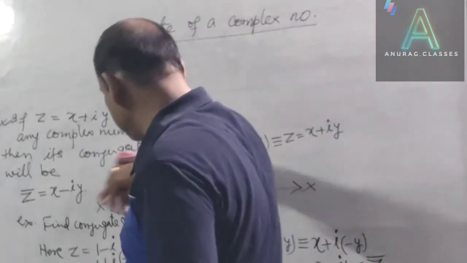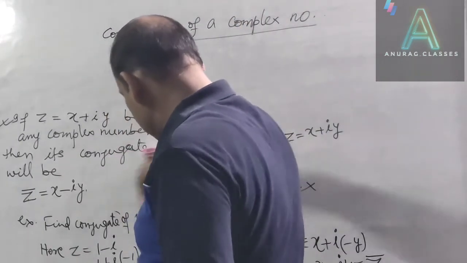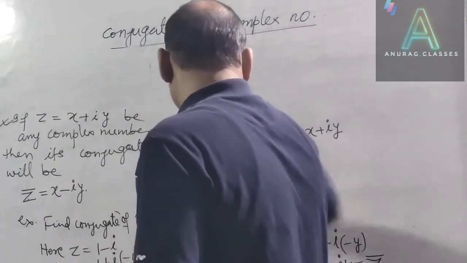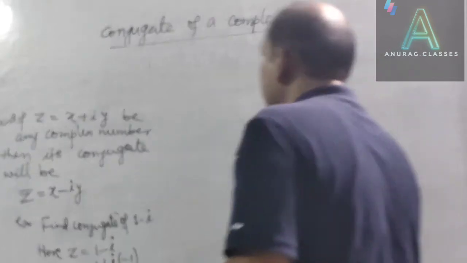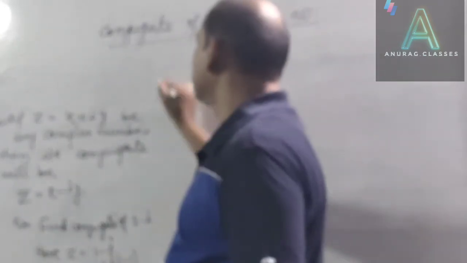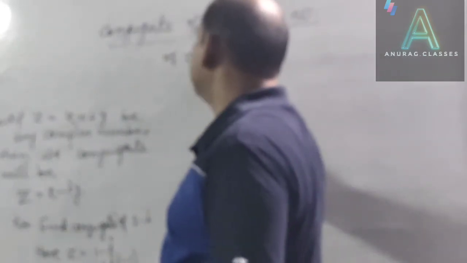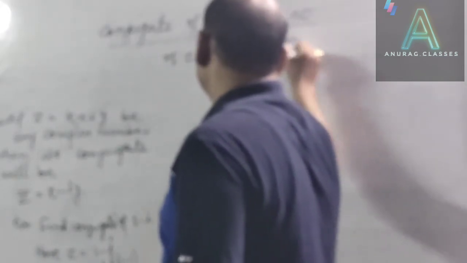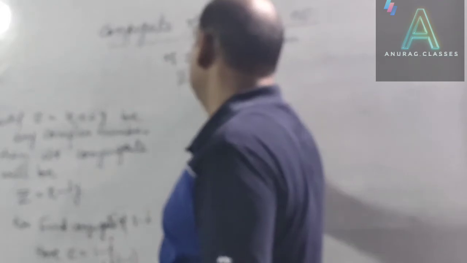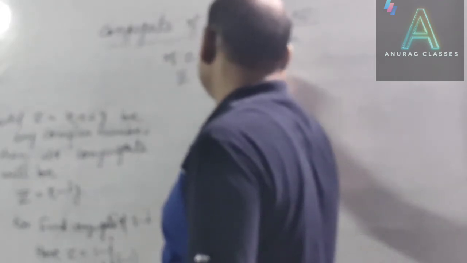Now we will discuss some properties of this conjugate. If z is equal to x plus iy, then the conjugate of z is x minus iy.